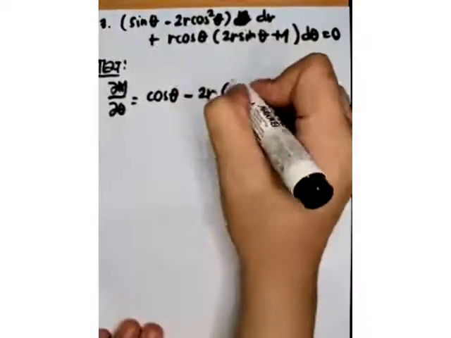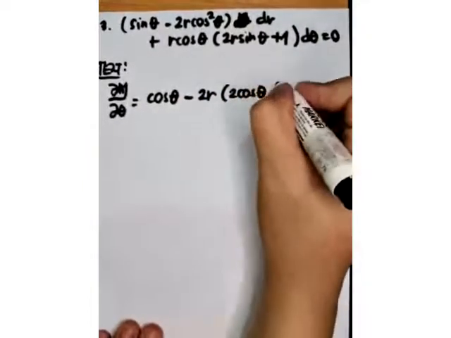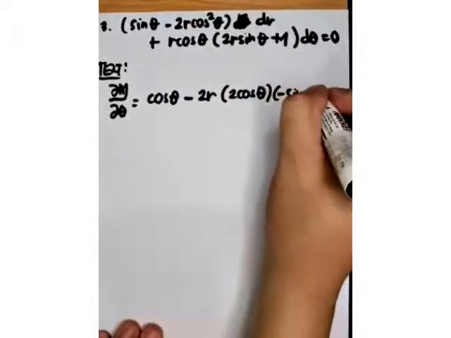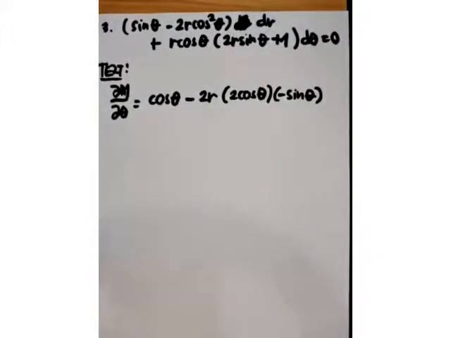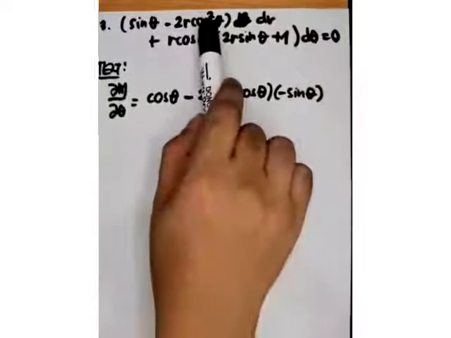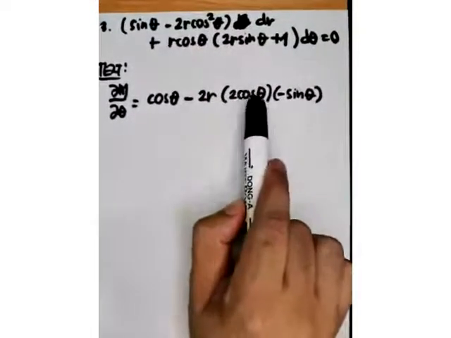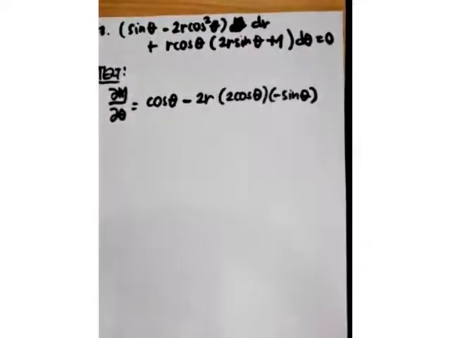So, derivative niyan ay power rule 2 cosine theta and then yung chain rule times derivative nito, negative sine theta. Okay. Kopya. Derivative ng cosine squared theta, pa-power rule nyo muna, ibaba nyo, and then bawasan nyo ng 1 yung power, and then derive nyo ito, and that is negative sine theta.